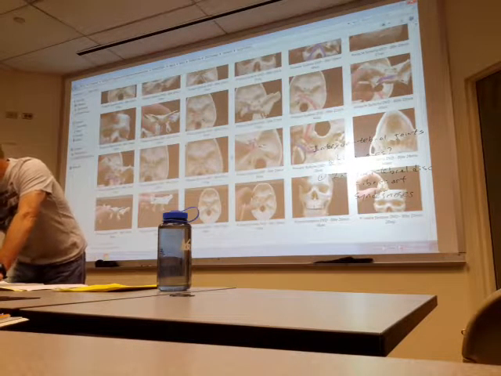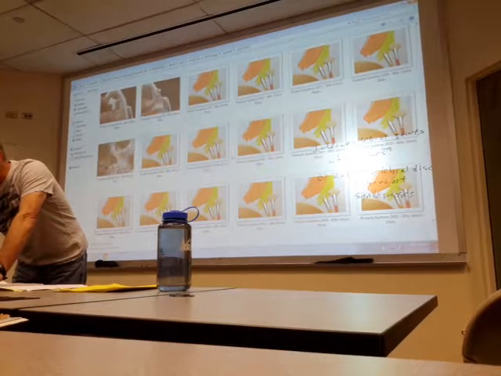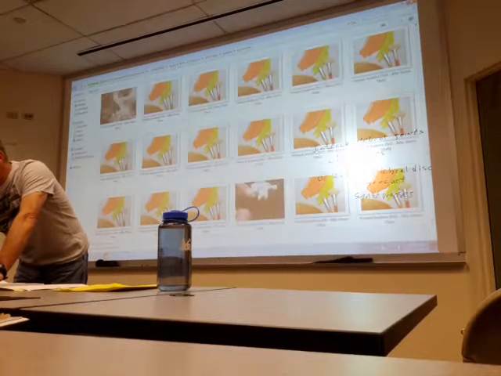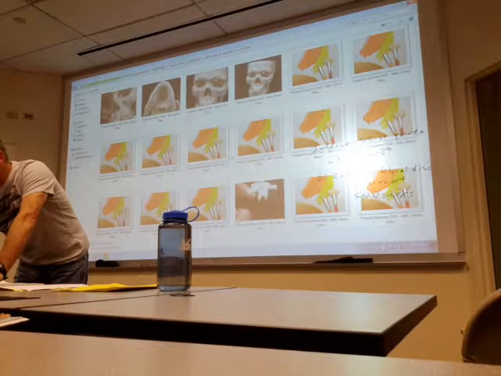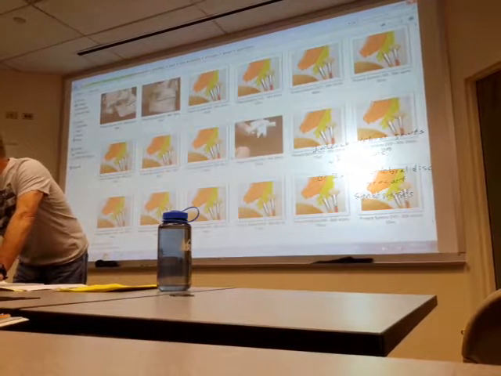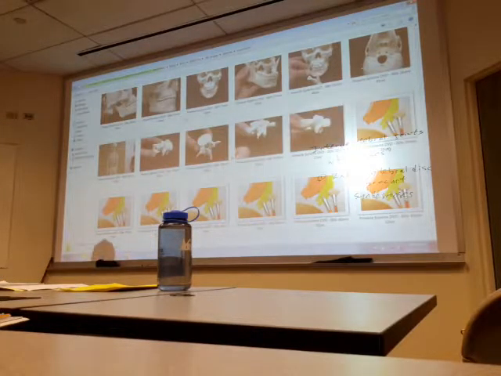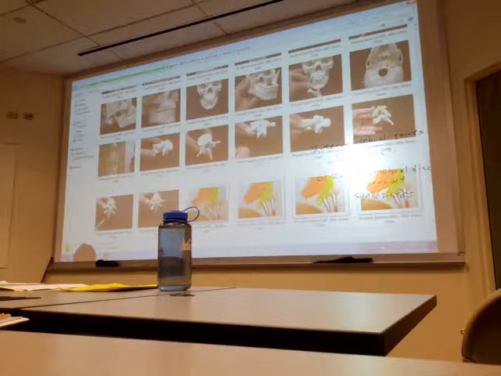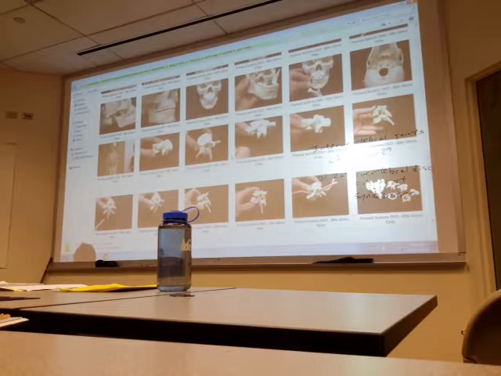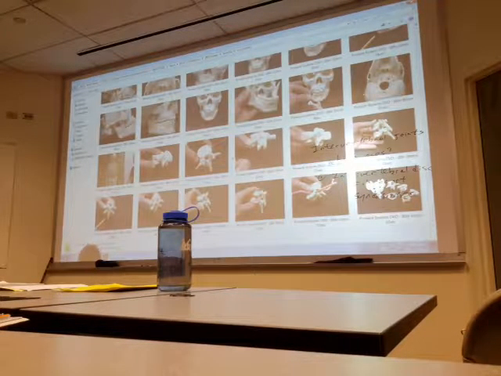How many processes do the vertebrae have typically? 7? Okay. What parts of the one on top articulate with what parts of the one on the bottom? Superior articulating. Exactly. The inferior articulating processes of the one on top are sticking down and articulate with the superior articulating processes of the one underneath.